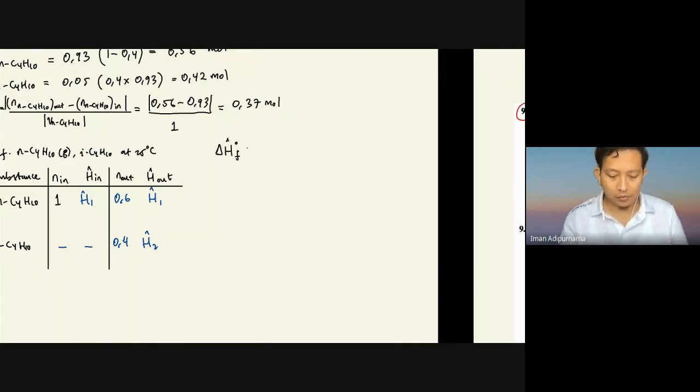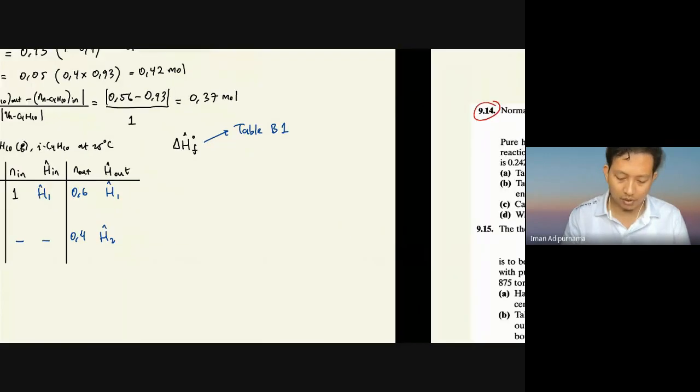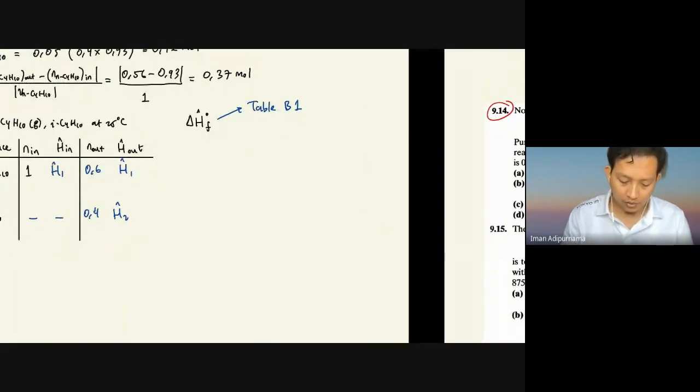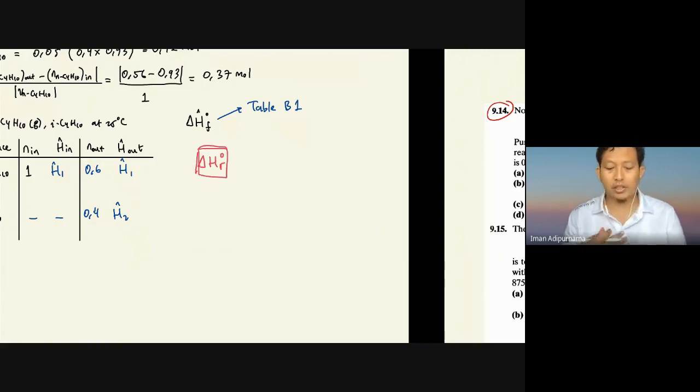Okay, heats of formation, you can take those from table B1. I will write the notes here. You can take delta HR as your general standard enthalpy.